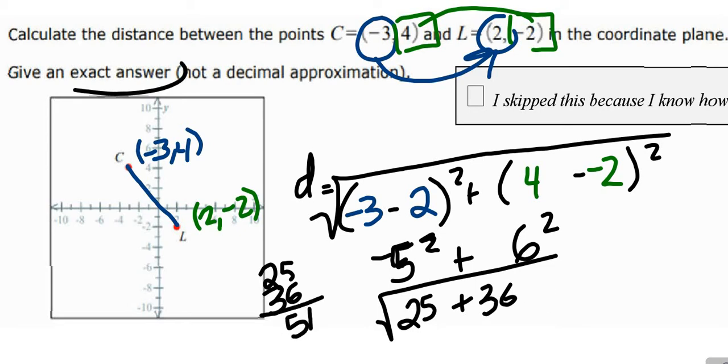It says an exact answer. That means do not give a decimal version, give just the radical version.